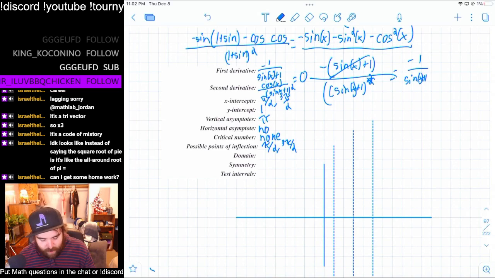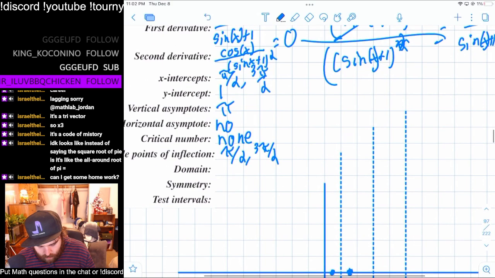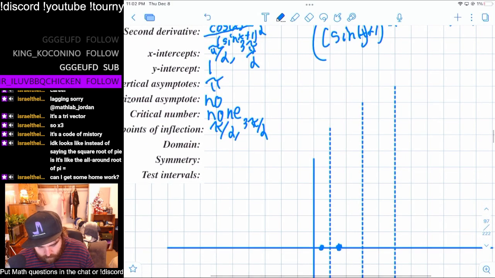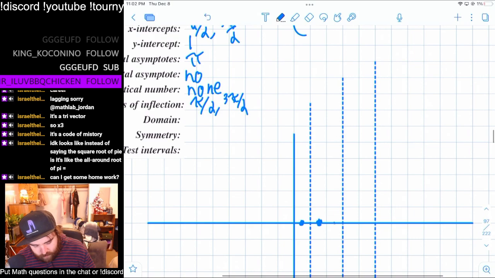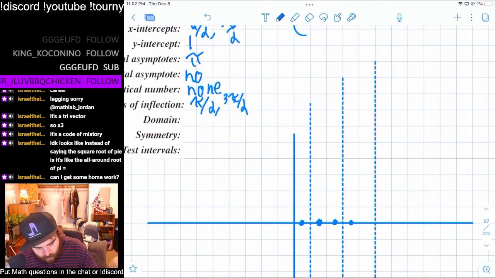Is that right? 0 pi, 1 pi, 2 pi, 3 pi. Yeah. Okay. So then we have x-intercepts at pi over 2 and 3 pi over 2. Oh, so there's just every pi. Oh, I'm still doing that, and that's why that's weird. Every pi there is one.